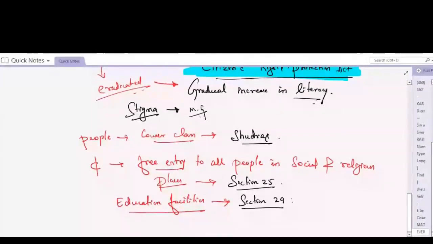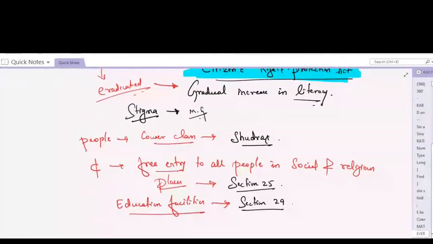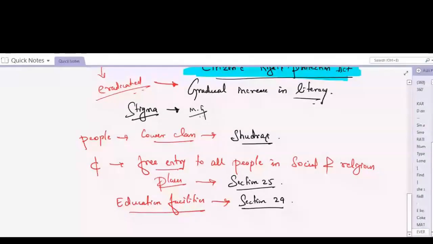Section 29. Section 29. Is this clear? Understood? Yes, sir.